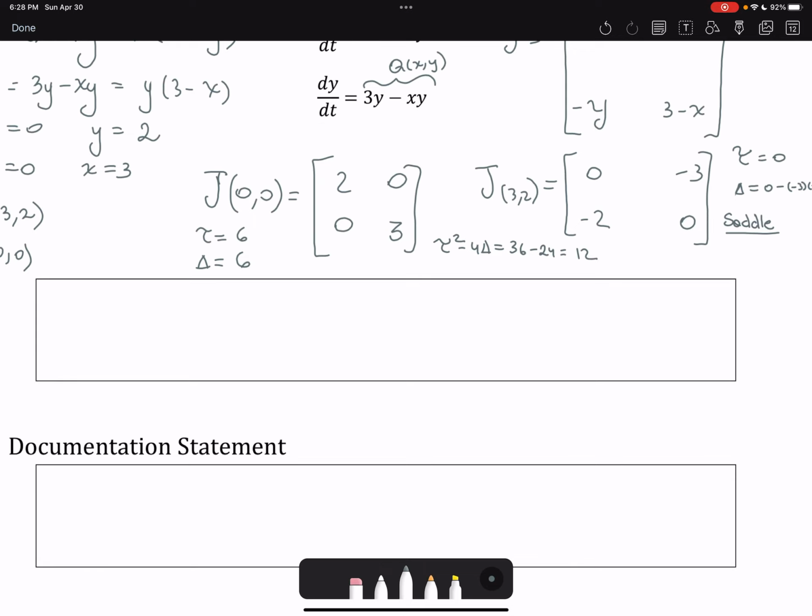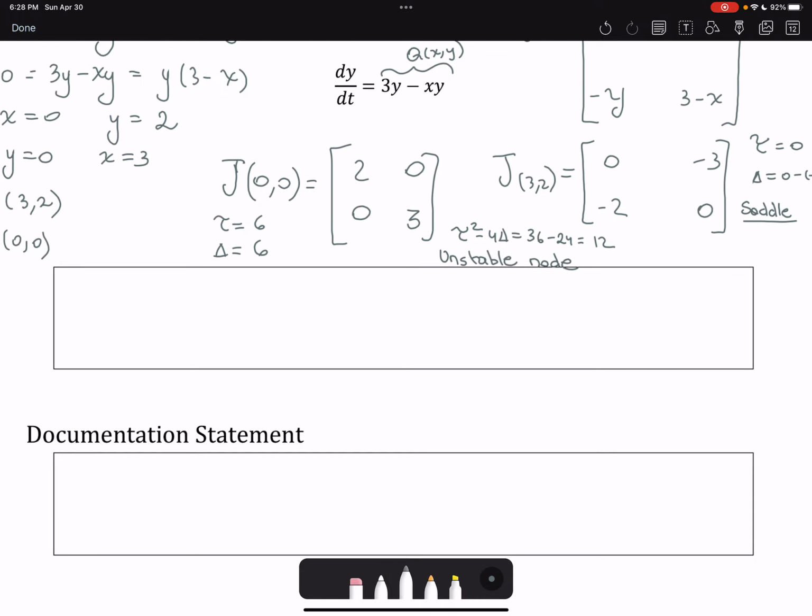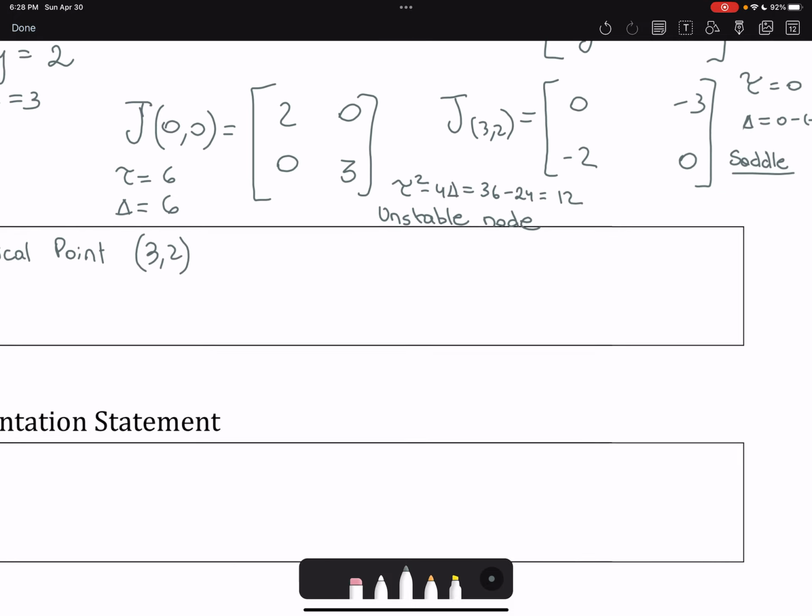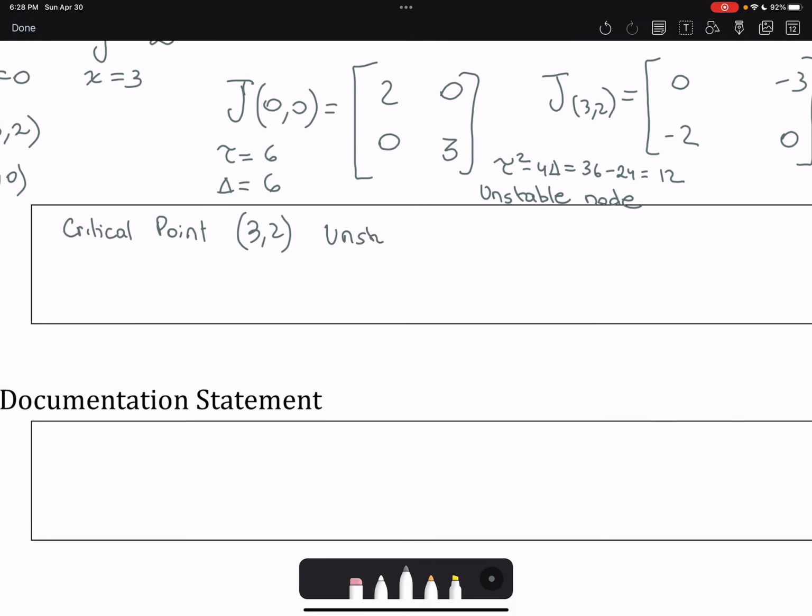So this is an unstable node. So we have critical point 3, 2 is, we said, a saddle, and critical point 0, 0 is an unstable node.